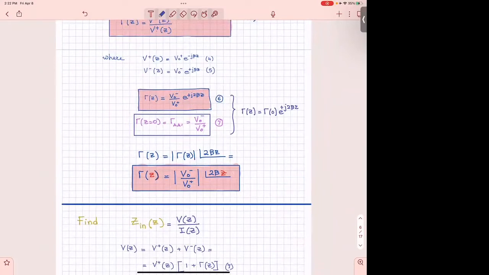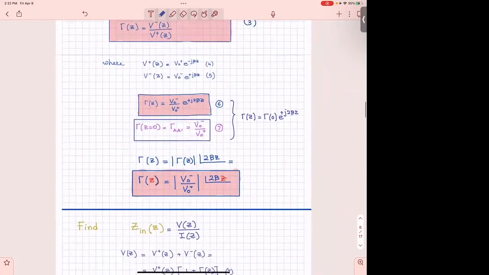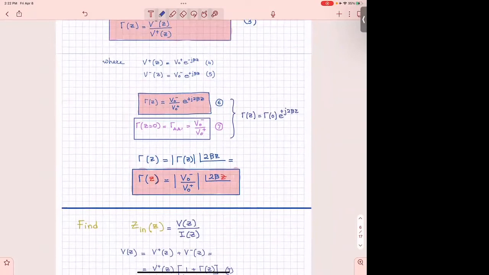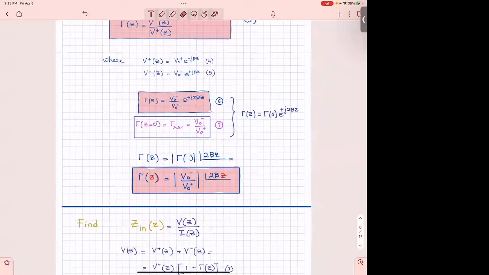As a matter of fact, gamma at any point has the magnitude of gamma at 0 and has a different phase. So in fact, you can write this gamma at 0.